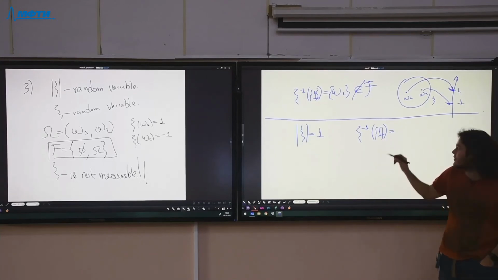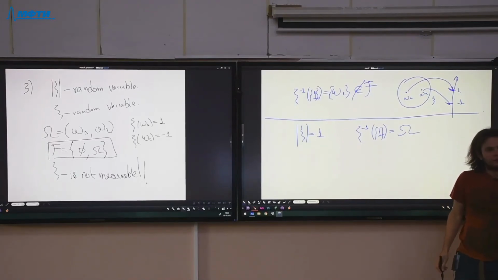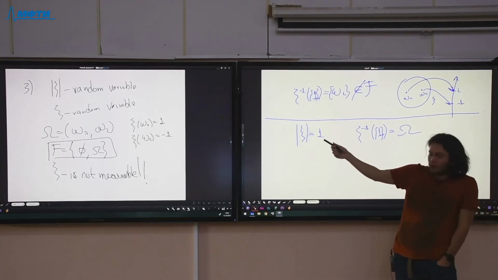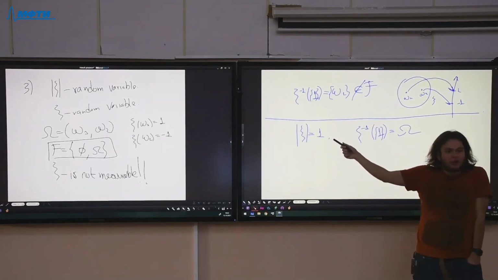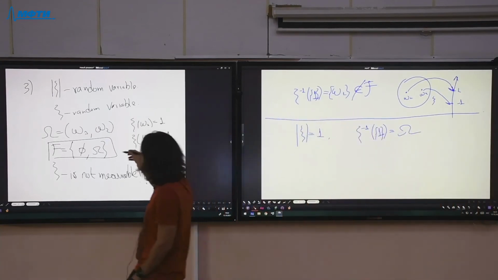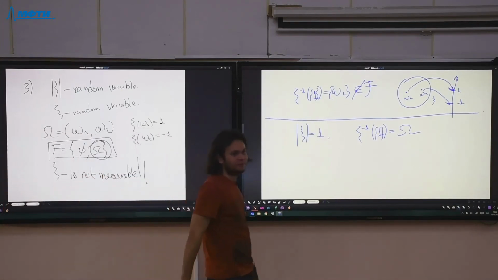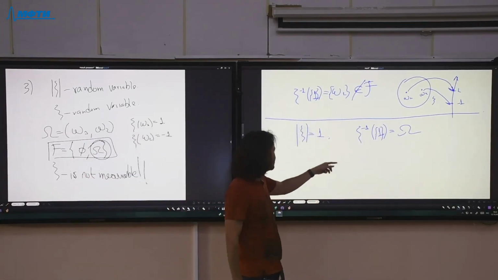The whole space. Because it was modular before. So yes, because we only have 1, the preimage of this is the whole space, and the whole space is an element of F. So this function is measurable.